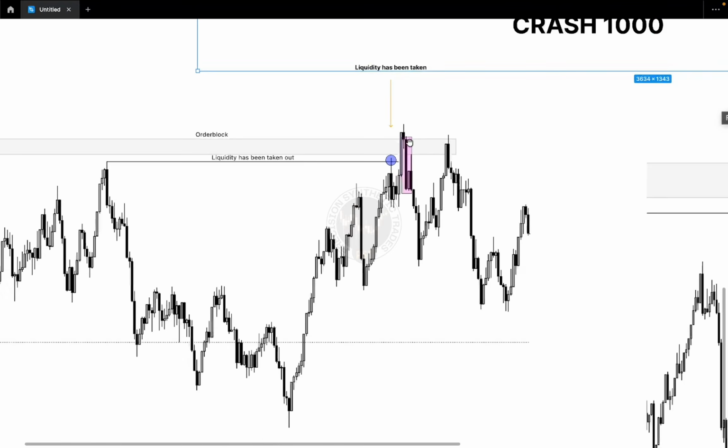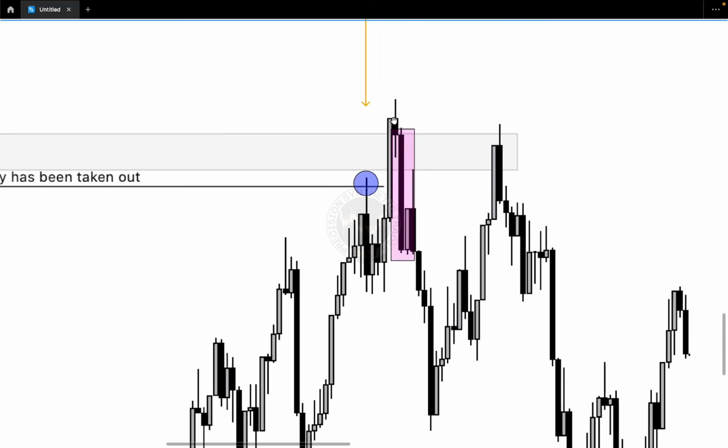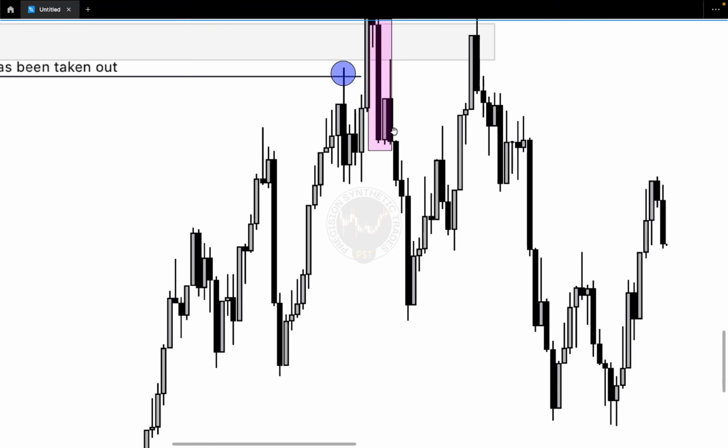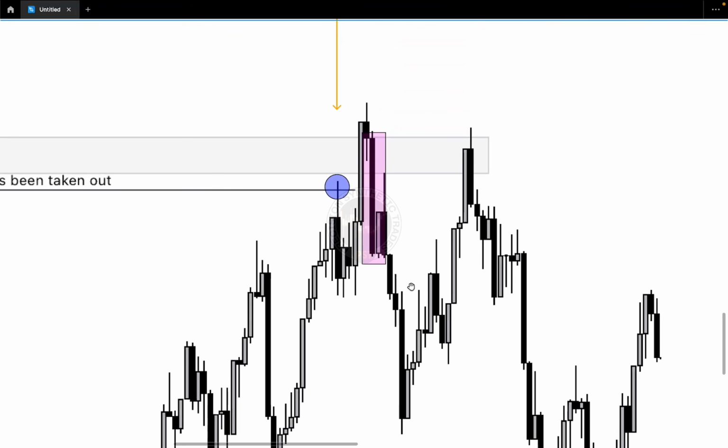Now, did this candle engulf this candle? No. Did this candle engulf this candle? Yes. It engulfed the candle that broke the liquidity with a close. This one came down. So you could have entered right there and price went down. Or you can wait for the 50% retracement, enter from your 50, and then price goes down again.